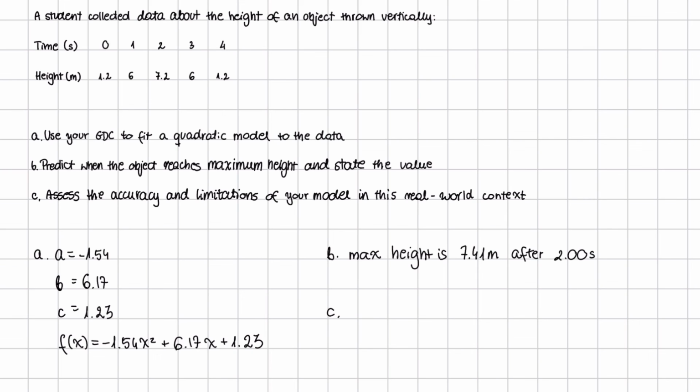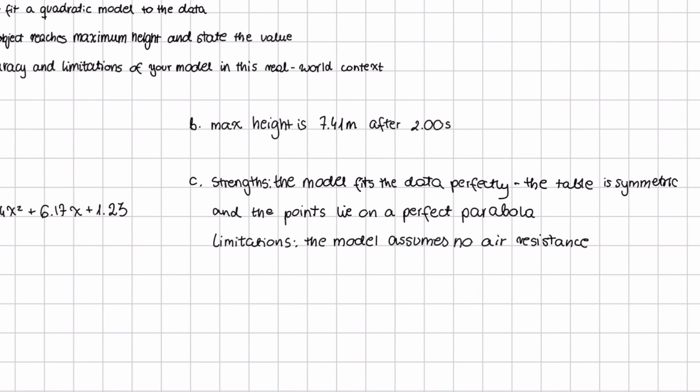So this can be our strength, and our limitation can be that our model assumes that there is no air resistance, and that's enough. And we can write it like this. Strengths: the model fits the data perfectly, the table is symmetric, and the points lie on a perfect parabola. And limitations: the model assumes no air resistance.